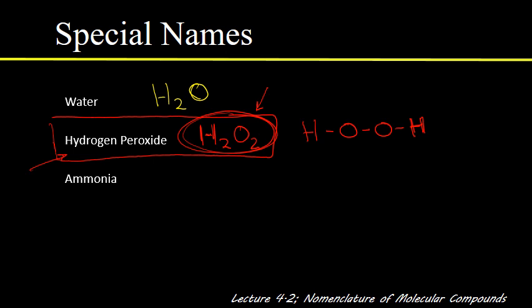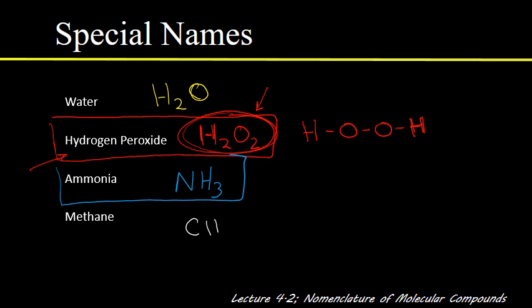Also, ammonia, this is really, really common, and it doesn't follow the rules. We would have called this nitrogen trihydride, but of course that's the systematic name. We're not using that. So you should know that ammonia is NH3. And then finally methane, which is CH4.